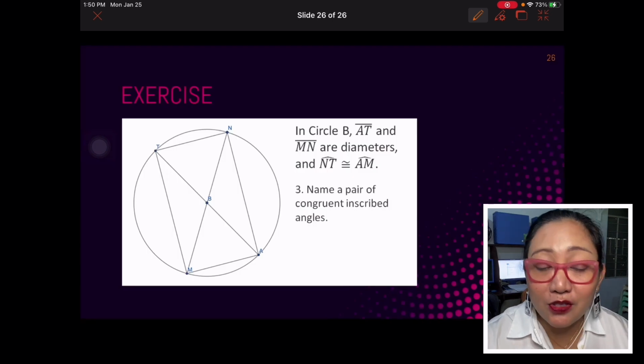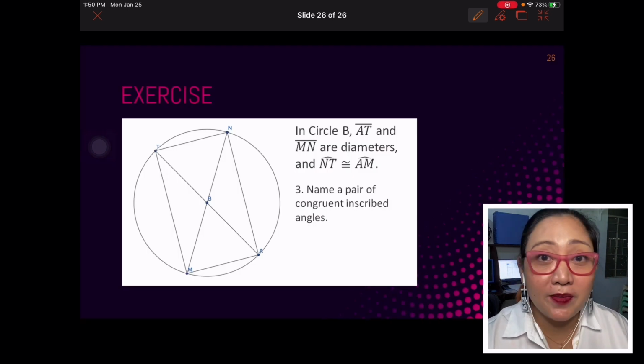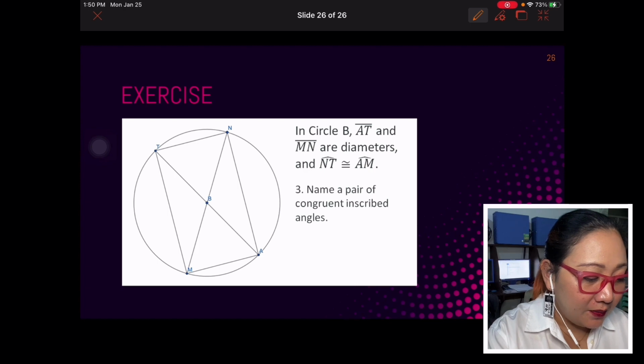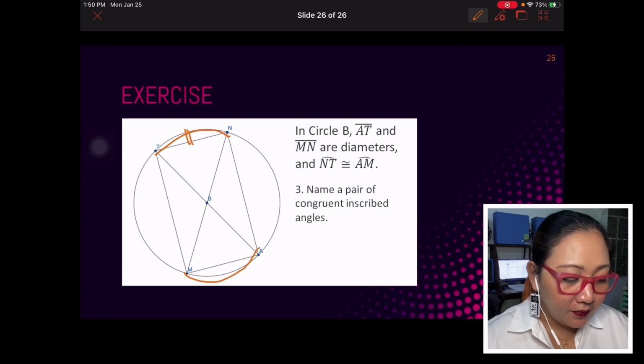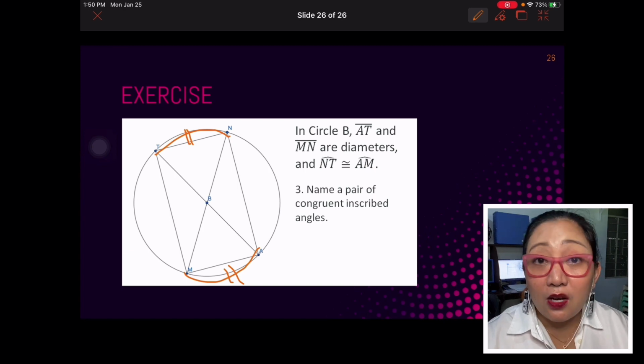And now, the last exercise is name a pair of congruent inscribed angles. So, dito naman, inscribed angles naman ang titingnan natin. So, alam natin na ang ating arc NT ay congruent kay arc AM. So, alin kaya dito yung pwede nating sabihin na inscribed angles na congruent?